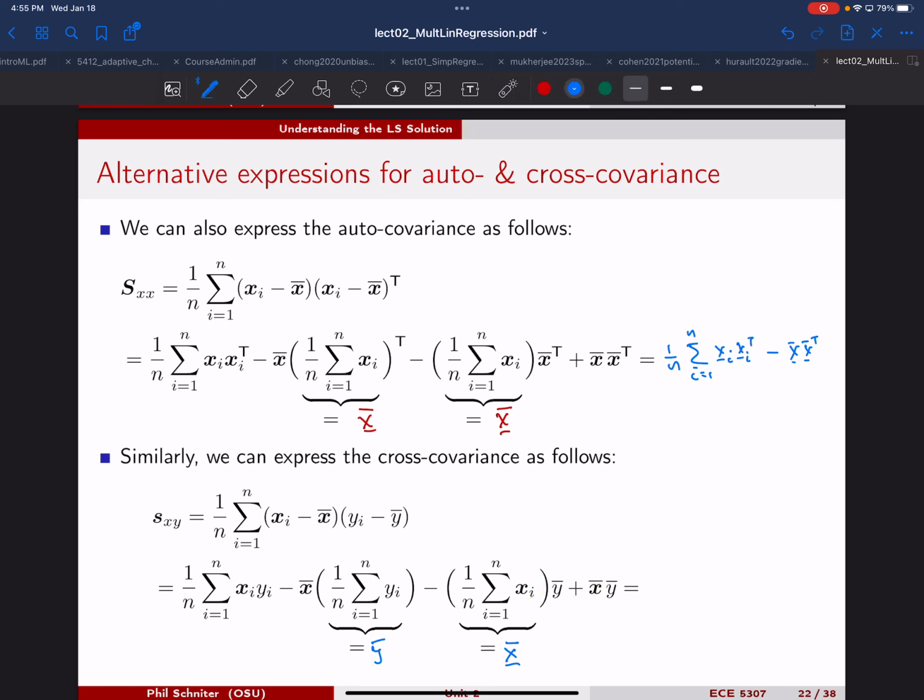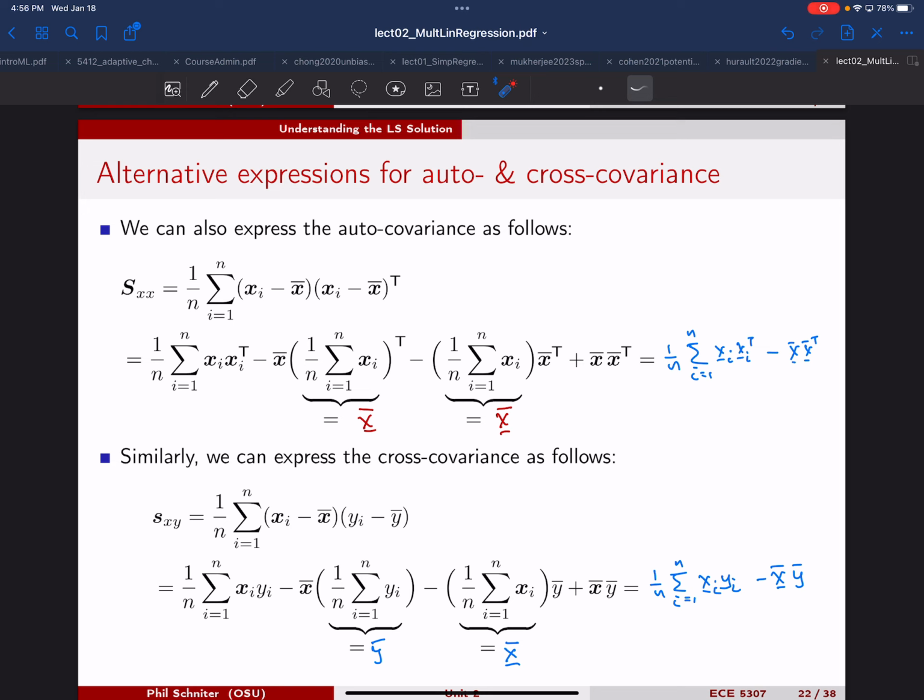And we have 1 over n times the sum of x_i y_i minus x bar y bar. Okay, so these will be useful in our derivation because we're likely to see terms like these. They often come up.